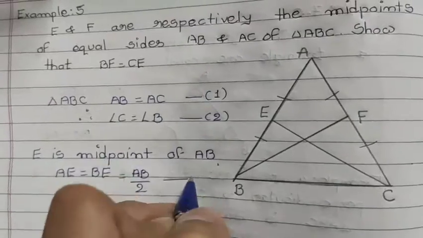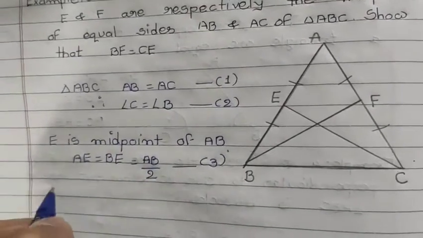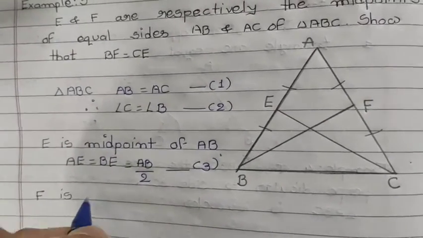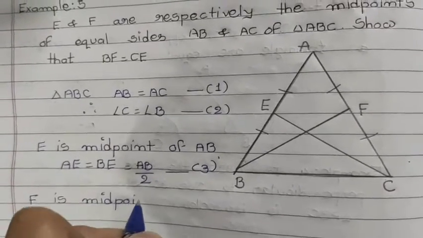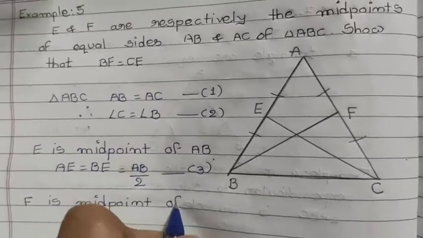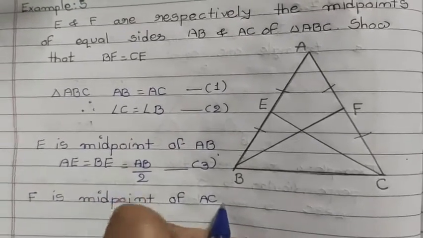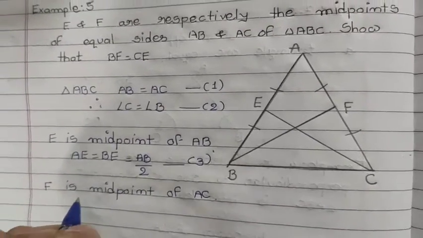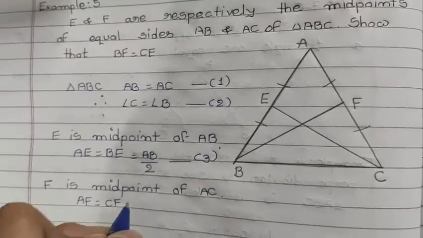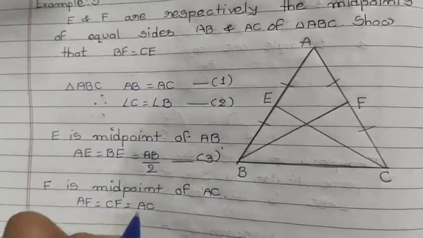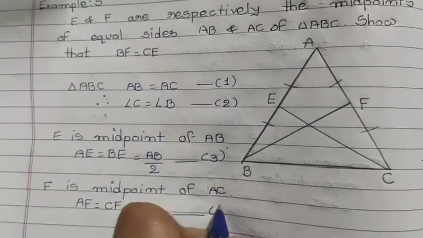That is result number 3. F is the midpoint of AC, right? That means AF is equal to CF, and that is equal to AC by 2. That is 4.